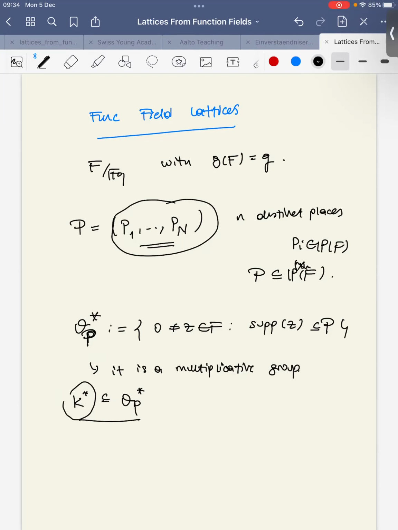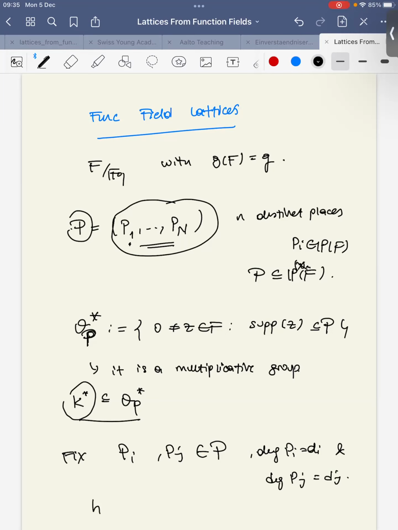But with one of the questions in the last homework, you can see that if we fix two places in this curly P, let me denote them P_i and P_j, with degrees d_i and d_j, and if we recall that h denotes the class number, we can see that the divisor h times (d_j times P_i minus d_i times P_j) is a principal divisor.